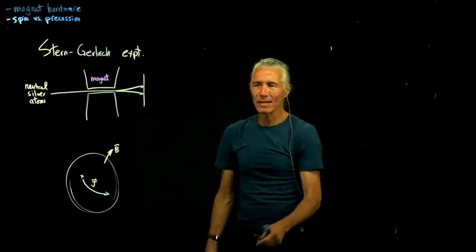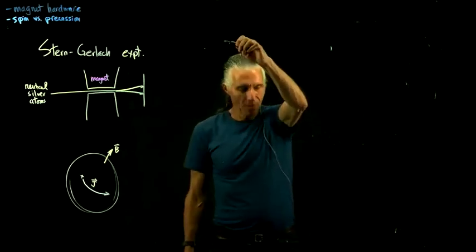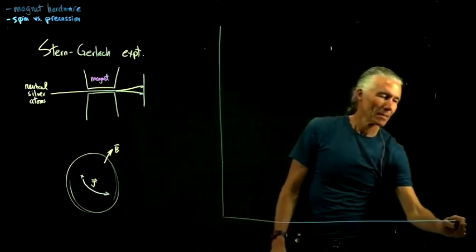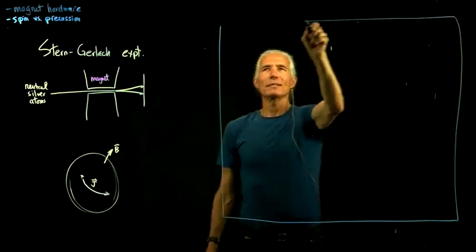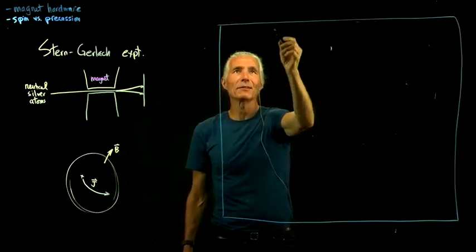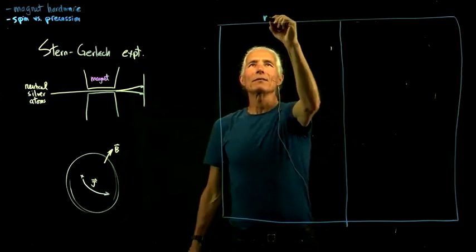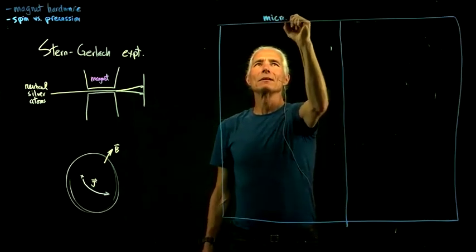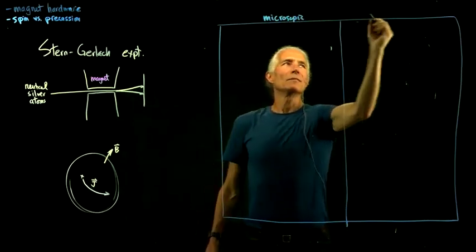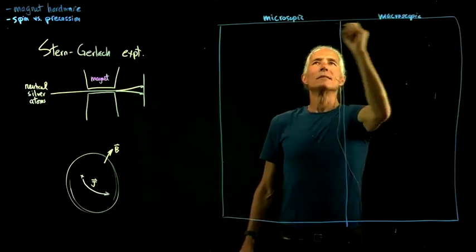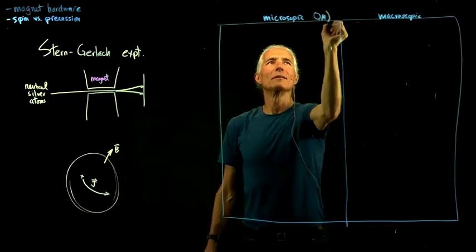And then try to relate it to a top. So let's make a nice big diagram over here. We've got six cells in our diagram. Here's the microscopic quantum picture, and here's the macroscopic. So this is our QM picture.